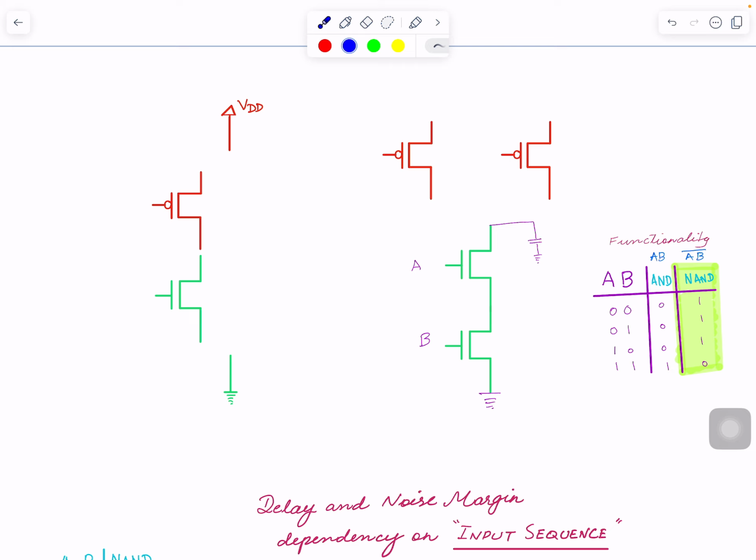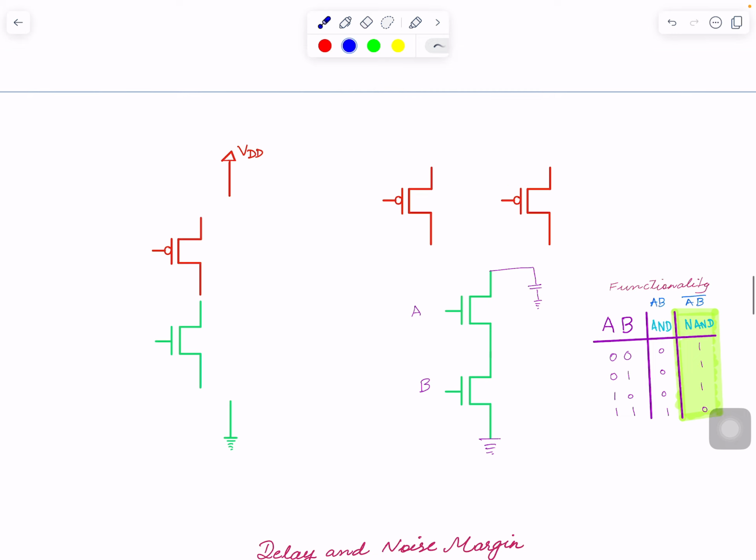The important thing is that this is the reason why we call them complementary CMOS: whatever is your pull down, the pull up complements it. So if this is your pull down, let's create a whole complement of this. This becomes A naught plus B naught.